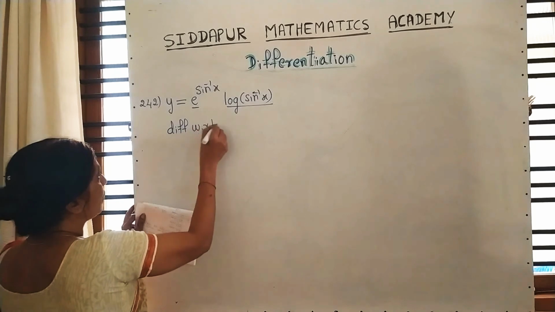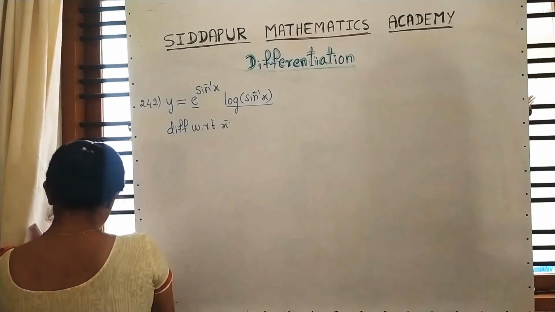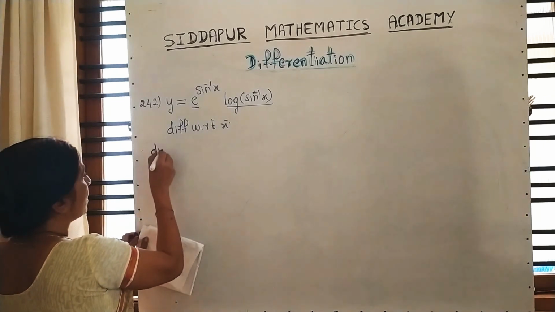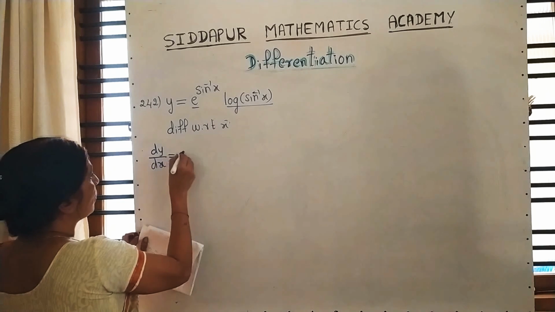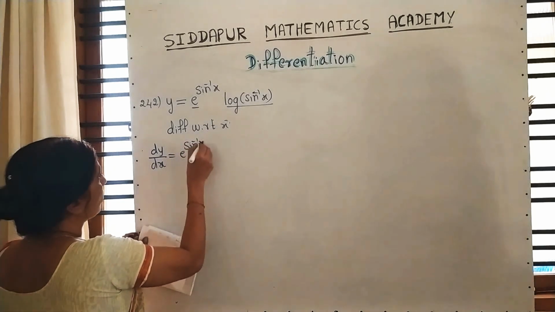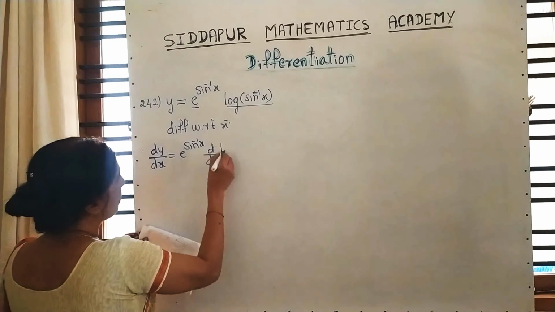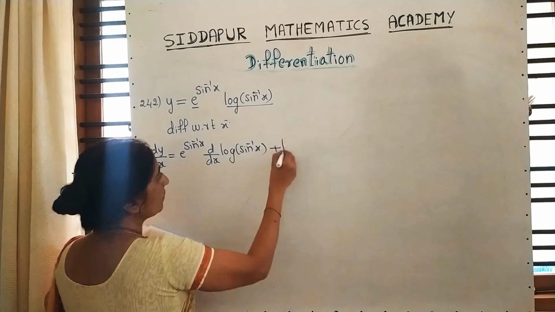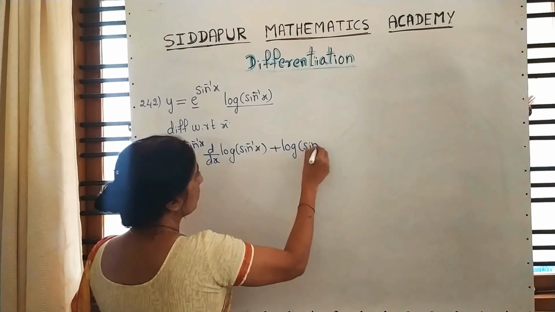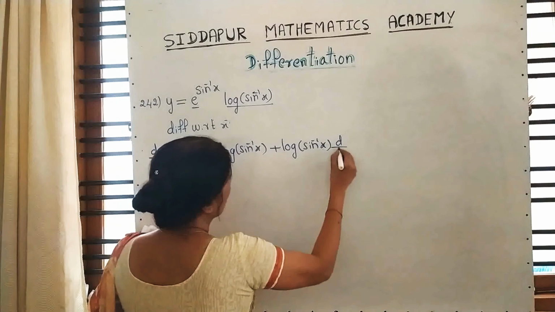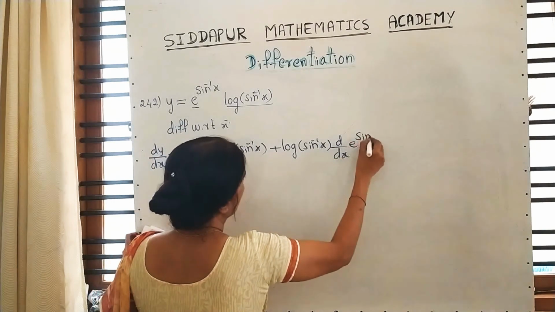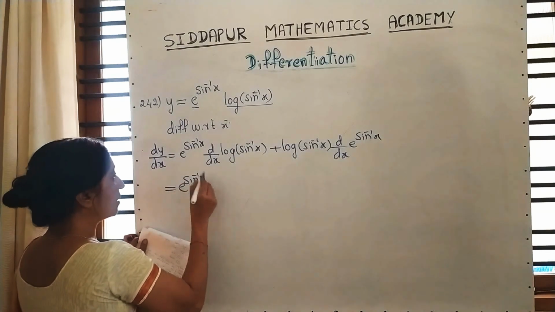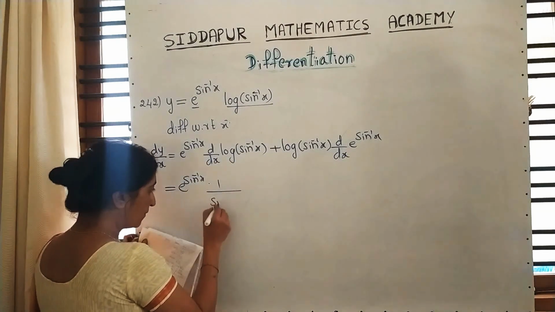Differentiating with respect to x. So, when you differentiate, dy upon dx is equal to first u into v. e raised to sin inverse x as it is, in the form of log x.